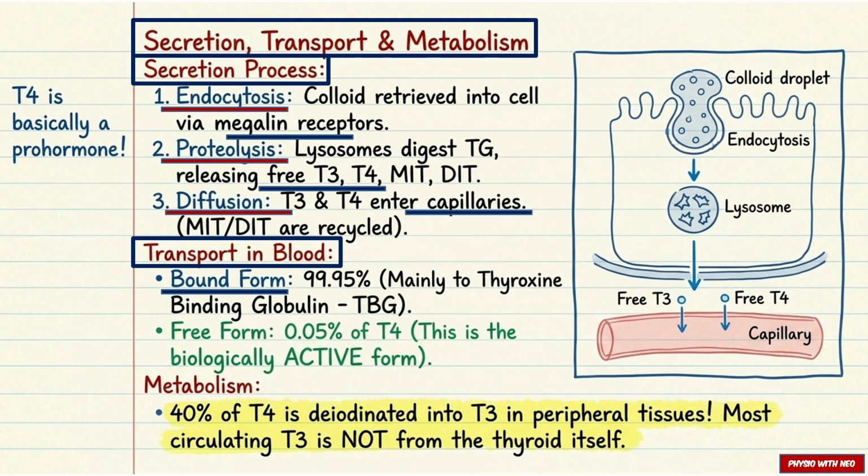First form is the bound form, about 99.95%, mainly to thyroxine binding globulin, and second one is the free form, about 0.05% of T4. Remember, 40% of T4 is deiodinated into T3 in the peripheral tissue. A very important viva point: which hormone is secreted more? T4. But which hormone is more active? It's T3.